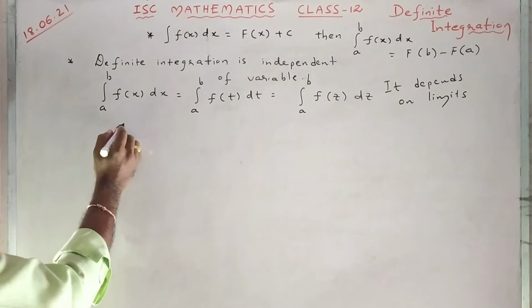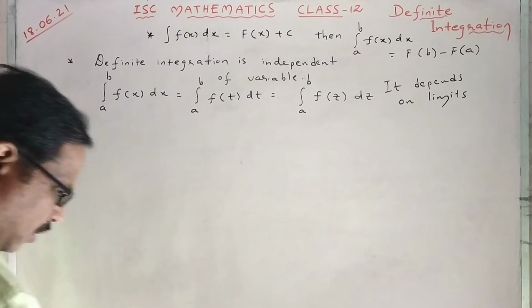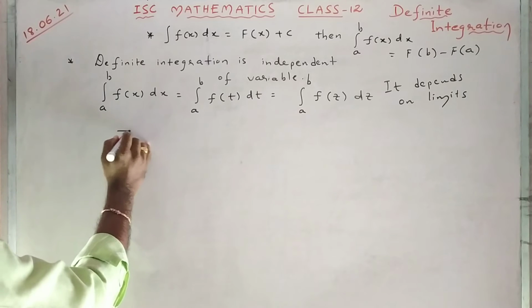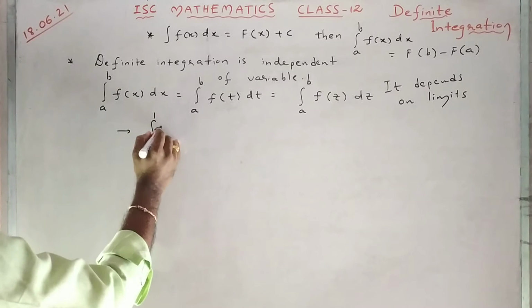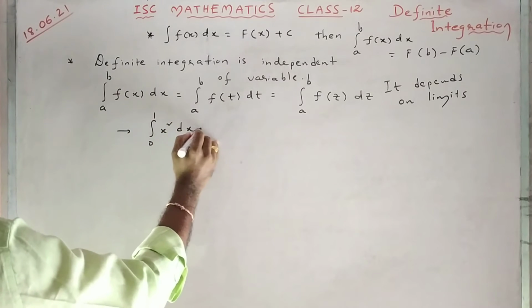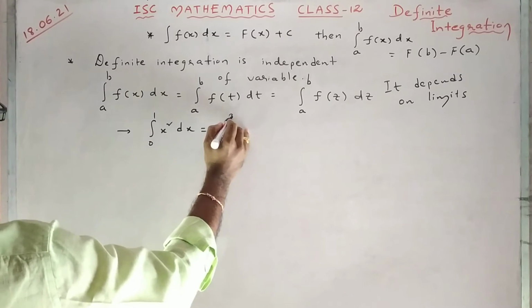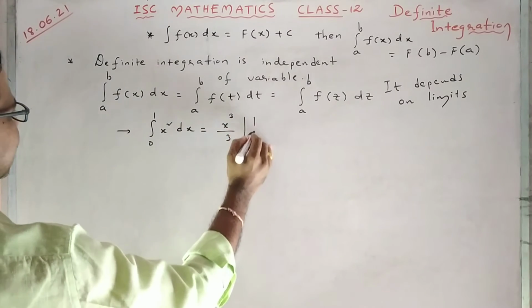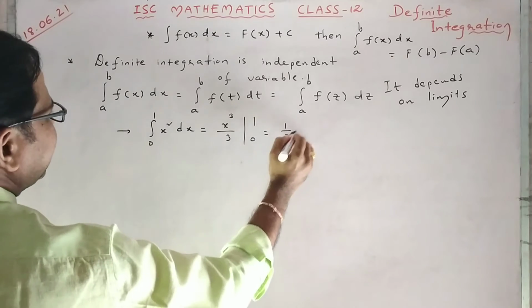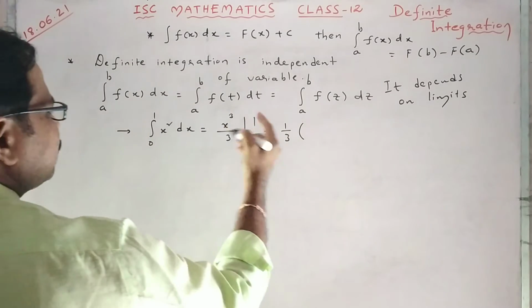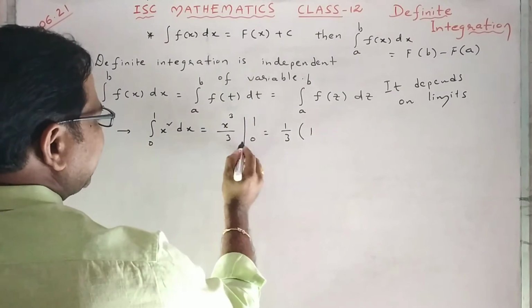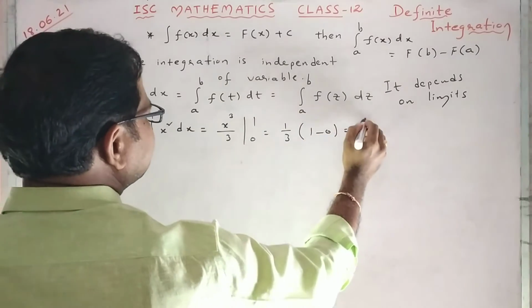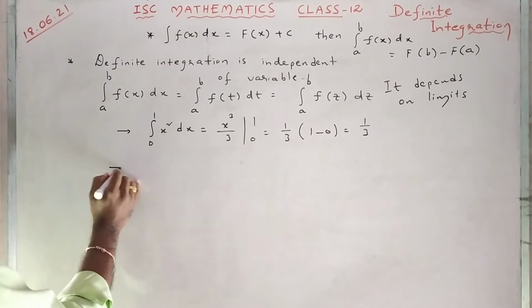For example, integral 0 to 1 x square dx. What is the integration of x square? X cube by 3. So 1 by 3 times upper limit is 1 here, 1 cube means 1, minus lower limit 0. So answer is 1 by 3.